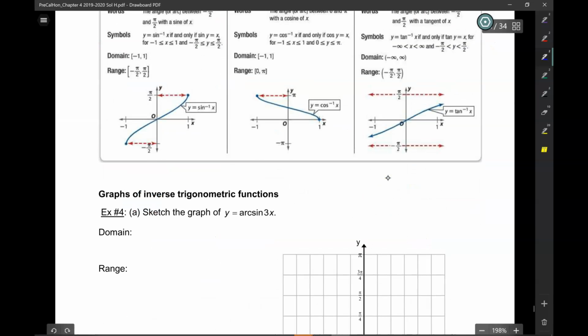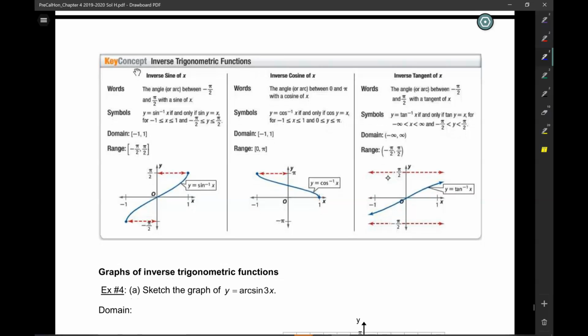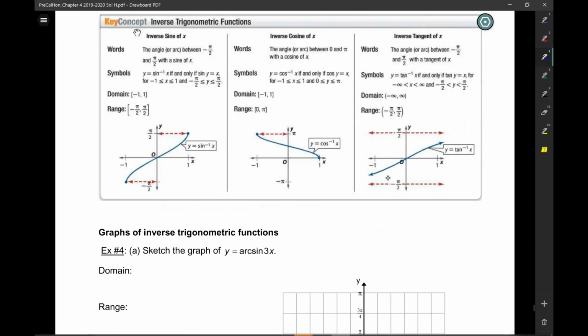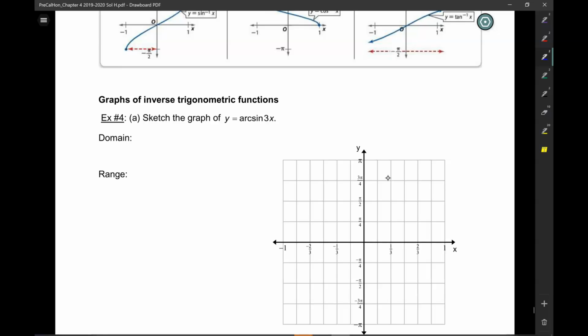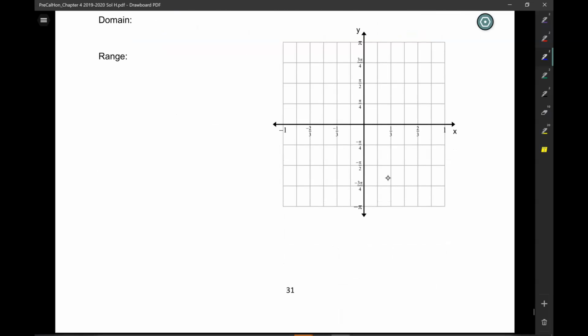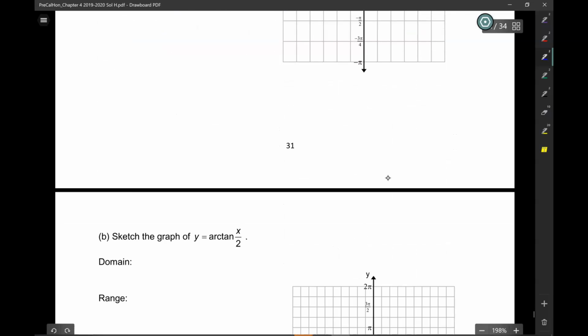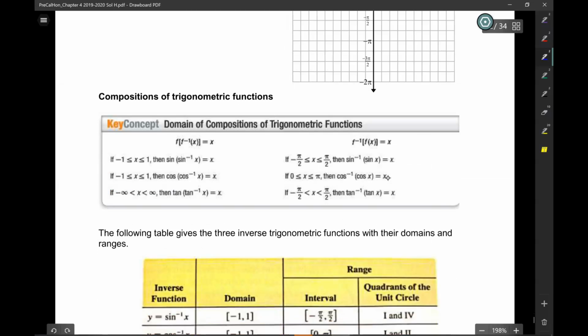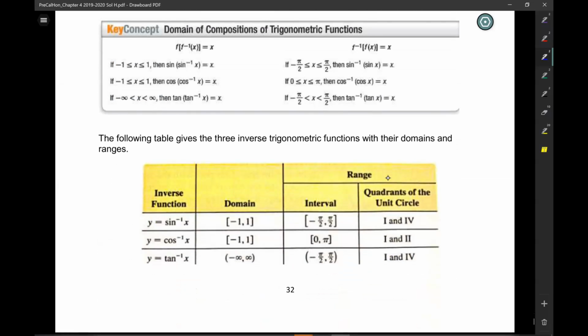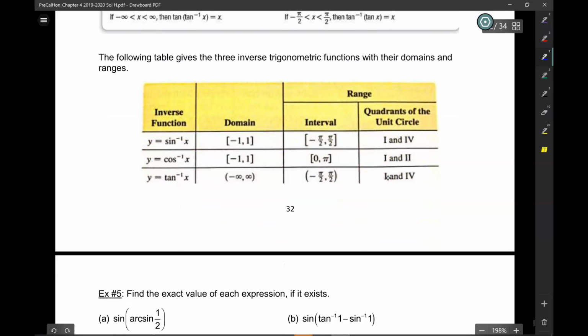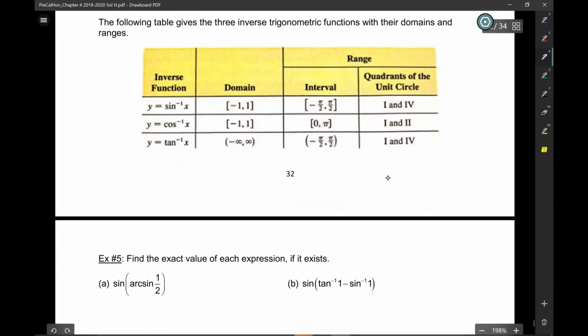So there are lots of ways to organize information. Here is the chart from your book. My favorite is this one. By the way, I'm not going to have you graph these, so we're going to skip these. It won't be on the test either. This is my favorite chart, from another book that I used to teach out of a long time ago.